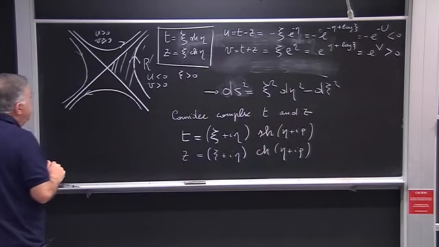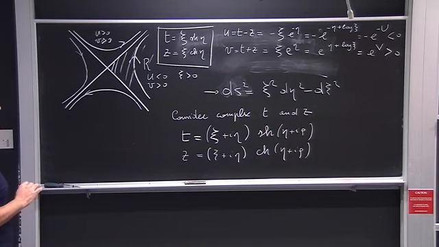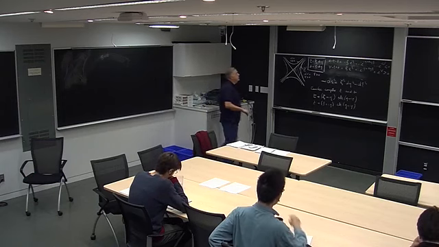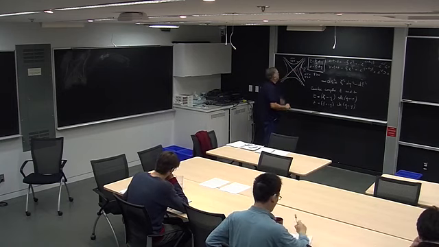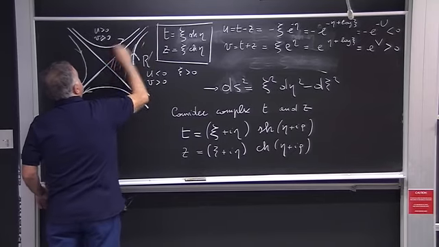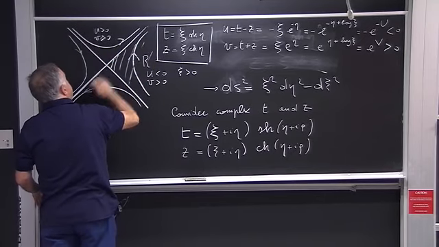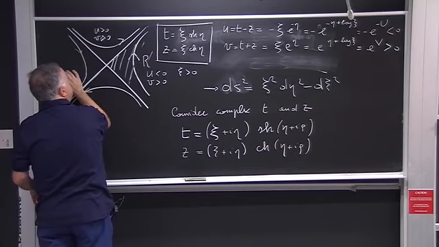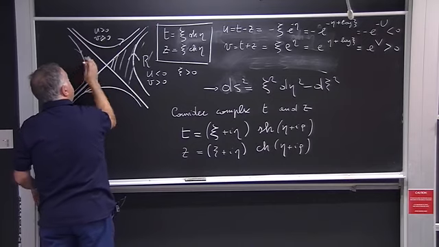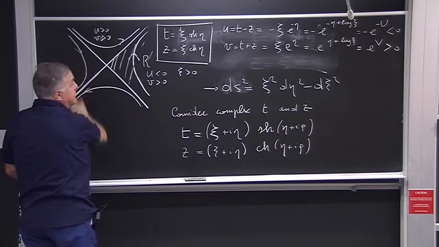These are the coordinate systems tailored on a uniformly accelerated family of observers covering this wedge. So these two lines act as horizons. This is the past horizon, this region you cannot see, and this is the future horizon. In this region you cannot send signals.